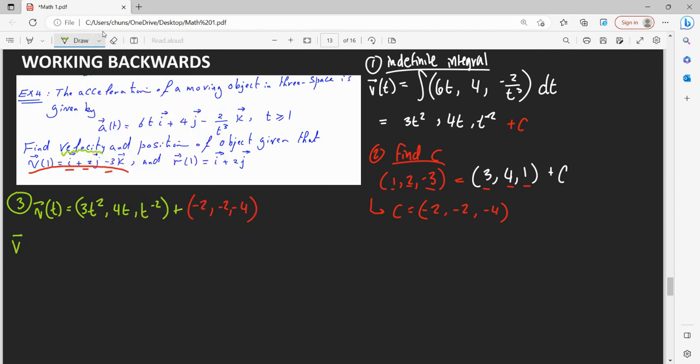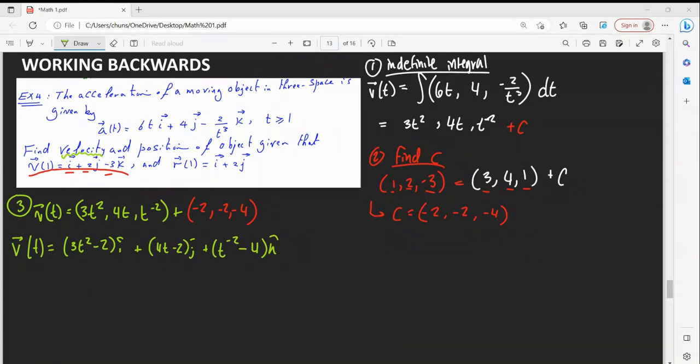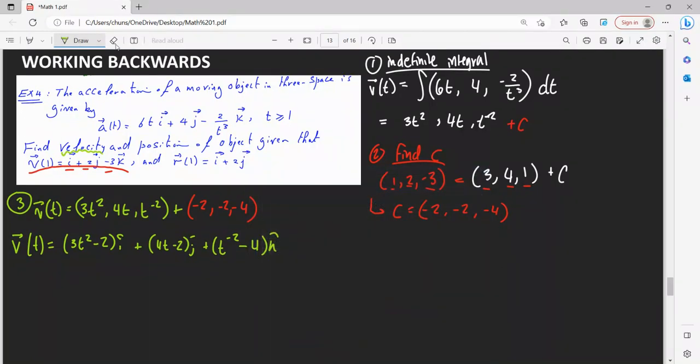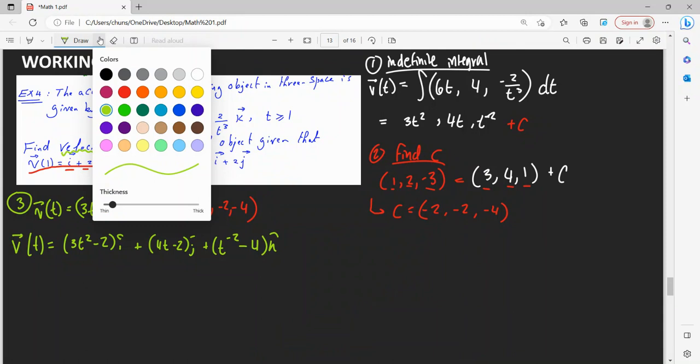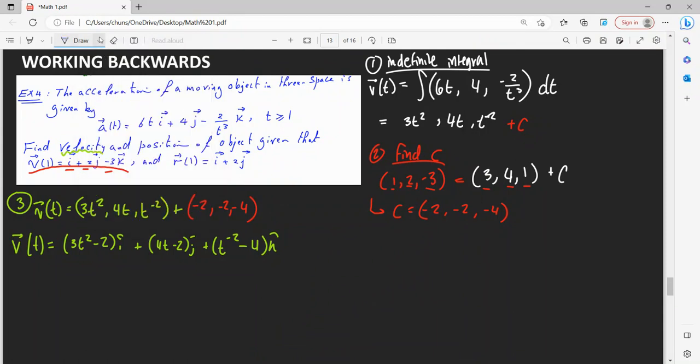Throw it all together, that gives us v equals 3t squared minus 2 i, plus 4t minus 2 j, plus t to the negative 2 minus 4 k. All right, and that was just for velocity, but I think we can challenge ourselves and try position next.